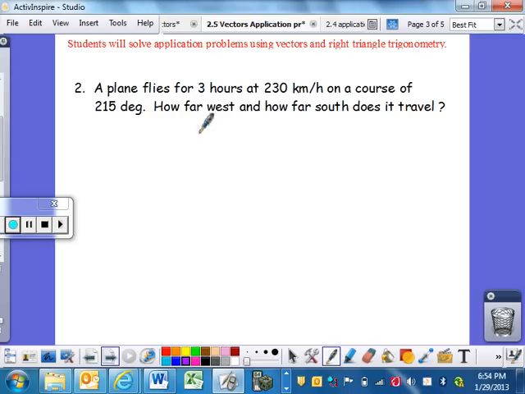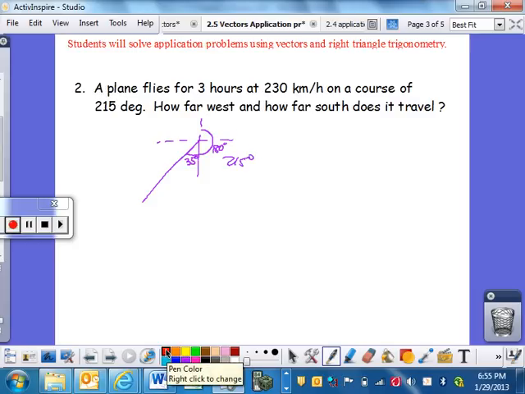If I say a course, that means you start from due north, and it's 215 in the clockwise direction, so 90, 180, and a little bit farther, so I'm actually going this way. So 180 is straight down, which means to get 215 is 35 degrees farther. Okay, so 180 and 35 gets me to that 215 degrees total.